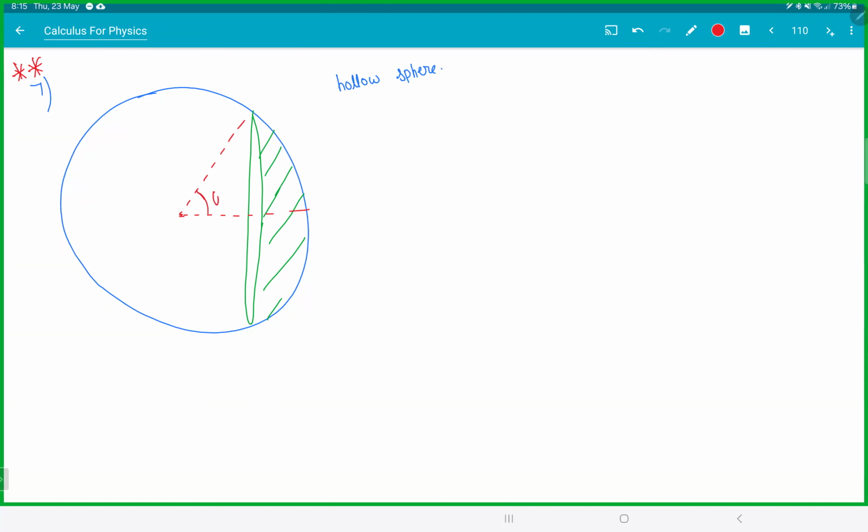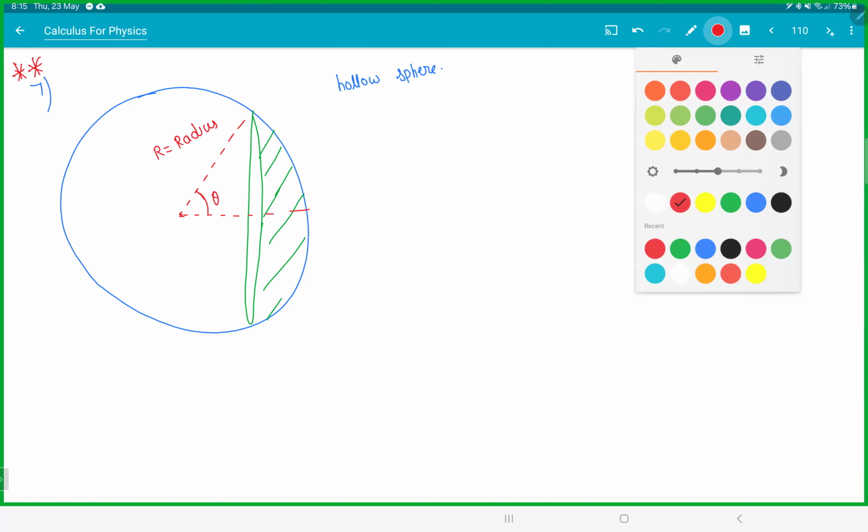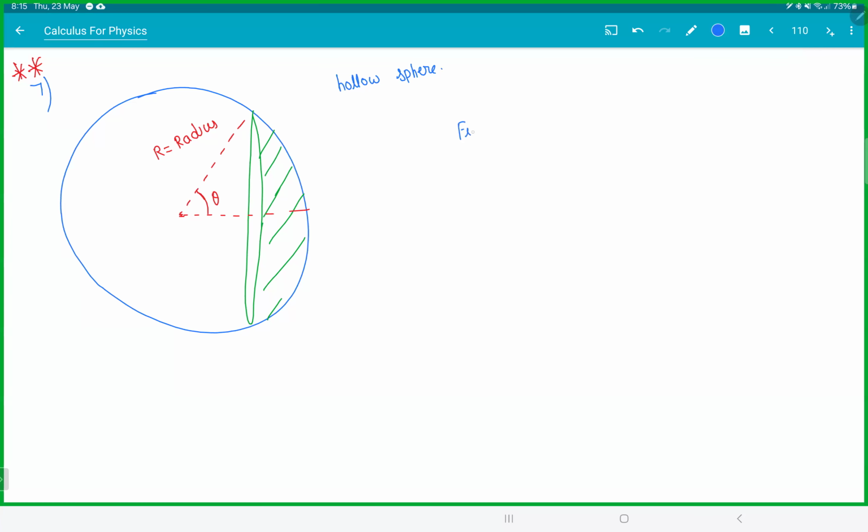This angle is theta. R is the radius. So I don't want the full sphere. I just want that area of the shaded part. I don't want the full surface area.